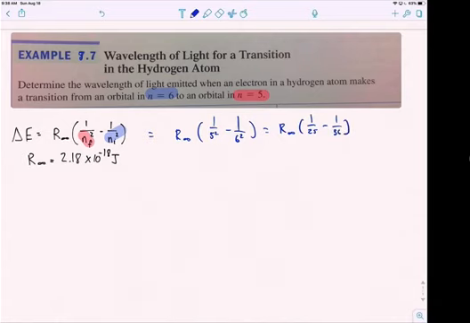That is the energy of the photon that comes off.